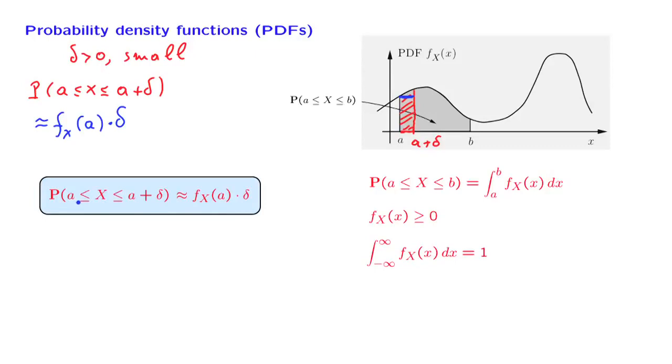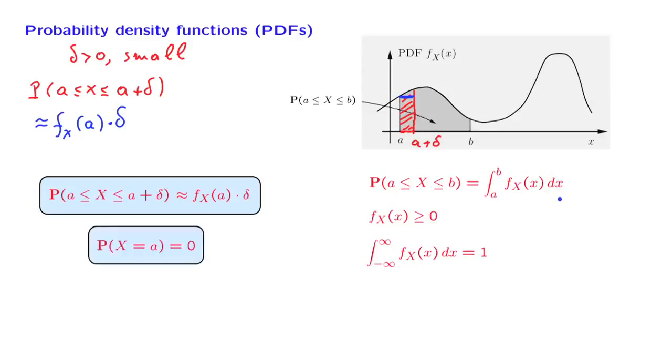More formally, if we look at this integral and we let b be the same as a, then we obtain the probability that x is equal to a, and on that side we get an integral over a zero-length interval, and that integral is going to be 0.